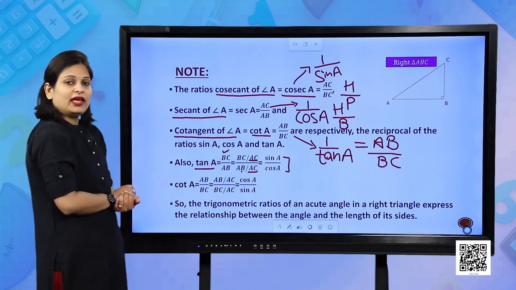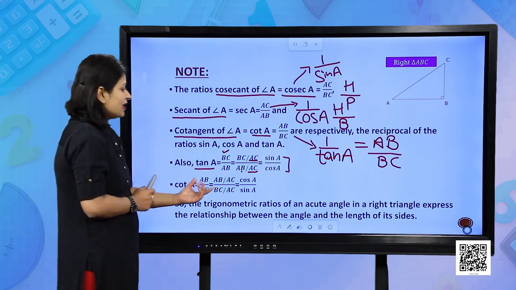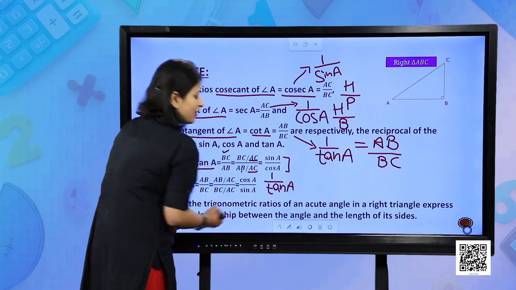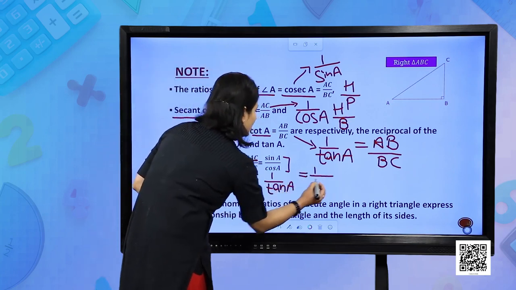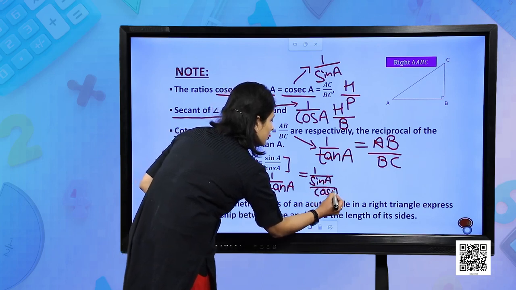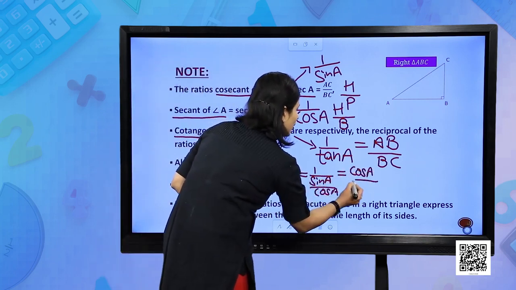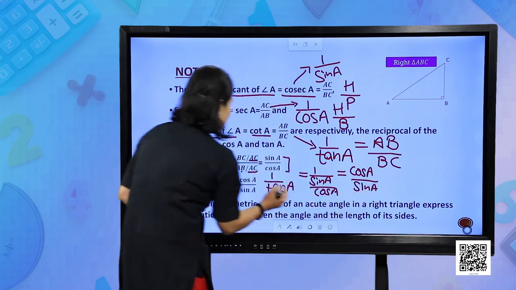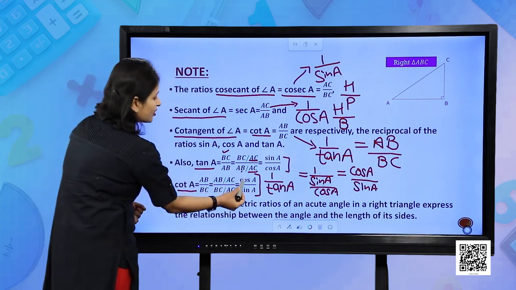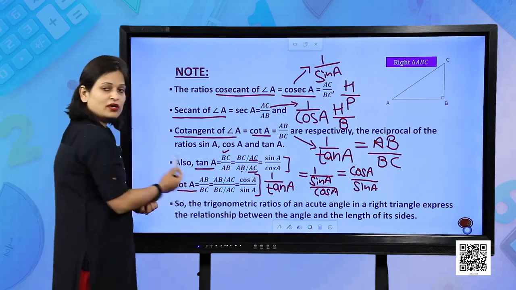Now what about cot A? It is basically the reciprocal of tan A. So we can also write it as 1 upon tan A. Since the value of tan A is sin A upon cos A, this will give you cos A upon sin A. So the value of cot function can be written as cos A upon sin A, or you can simply divide the numerator and denominator by AC.